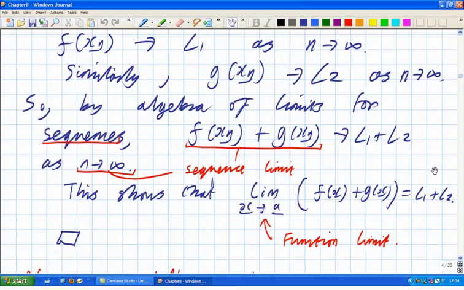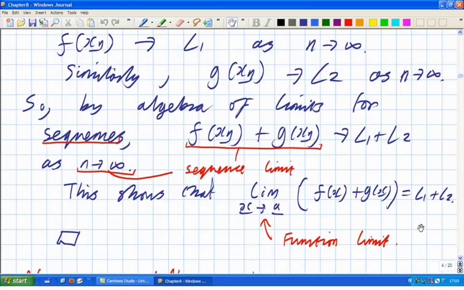That's a sequence limit. But because it was true for every sequence xn in your domain D that converged to a, through values that weren't equal to a, you could turn that into a function limit. So that's the connection between them and how you can use one kind of result to prove another kind.